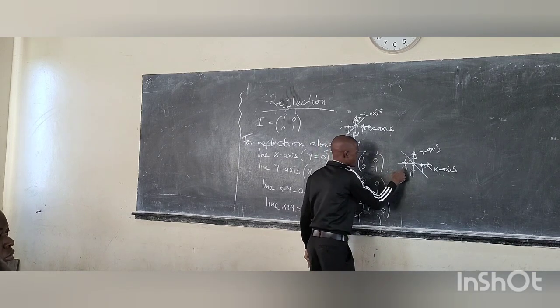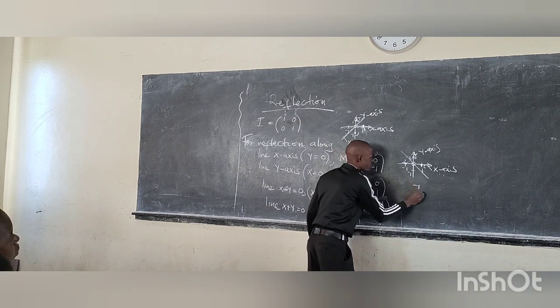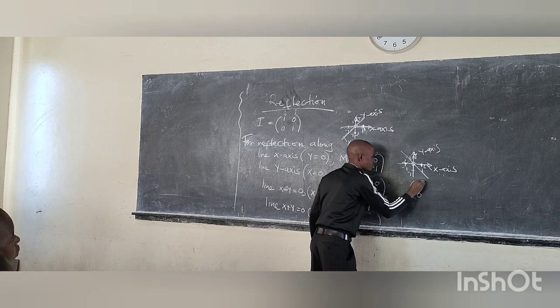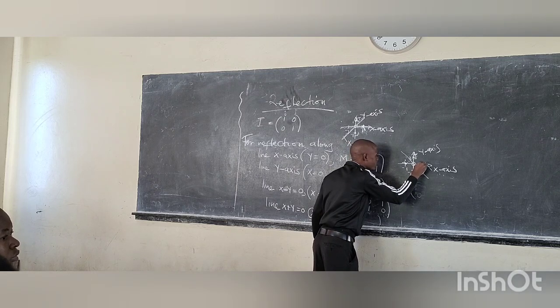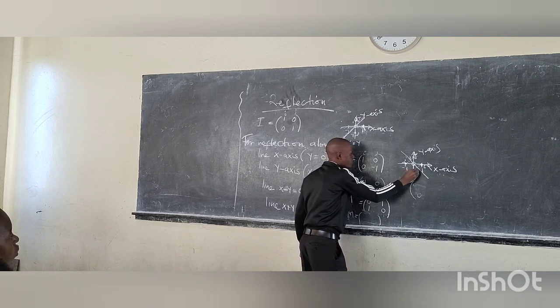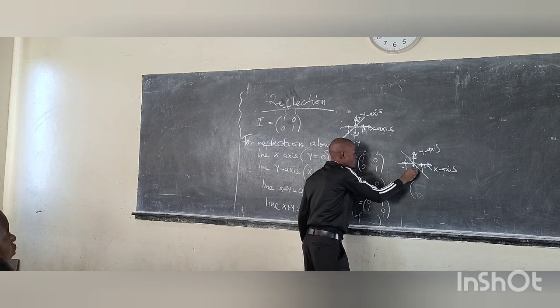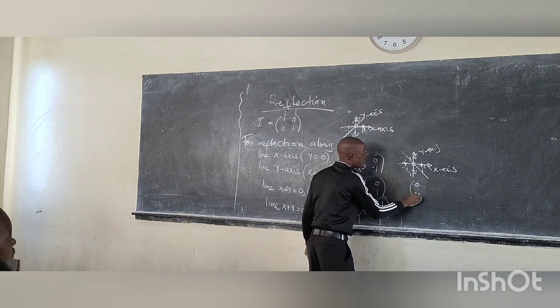Meaning that J prime becomes negative 1, what? 0. Negative 1, 0. This is our J prime. Our I, which was here, 1, 0, after reflection comes here. Are you seeing that? It becomes 0, negative 1.